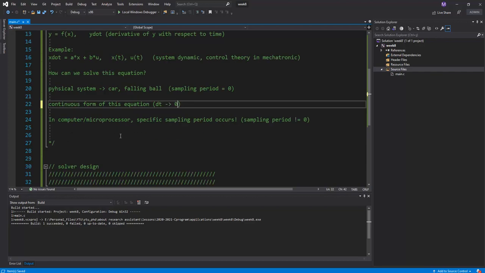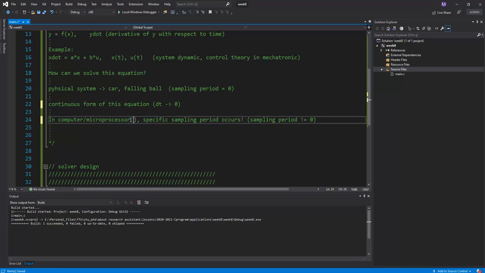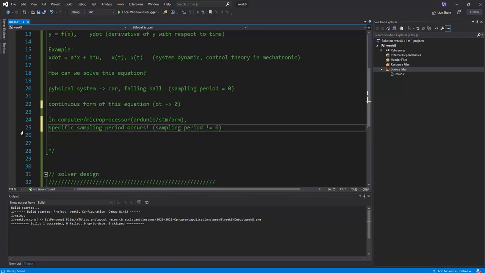But in the solving process we should utilize the computer or microprocessor or any software. These softwares, computers or microprocessors, maybe you should know these things, the Arduino or STM or ARM microprocessor, we should utilize this sampling period notation.